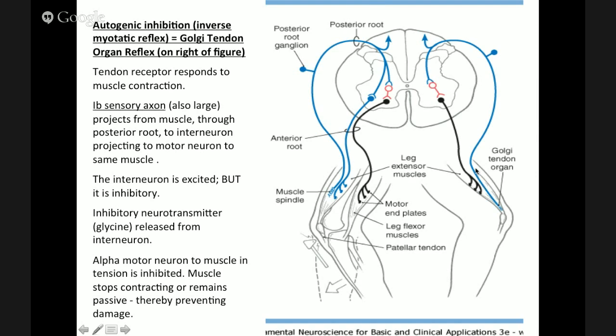So the Golgi tendon organ afferent signals travel into the gray matter, into the ventral horn, and synapse again on an inhibitory interneuron, which then is going to silence the activity in the lower motor neuron to the same muscle. So this limits the contraction of the muscle.